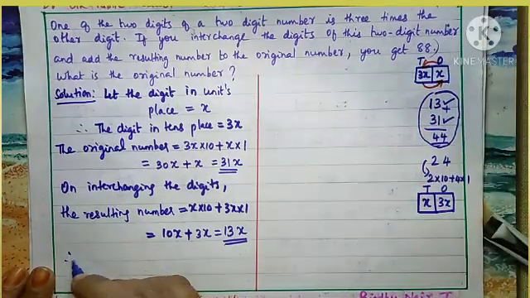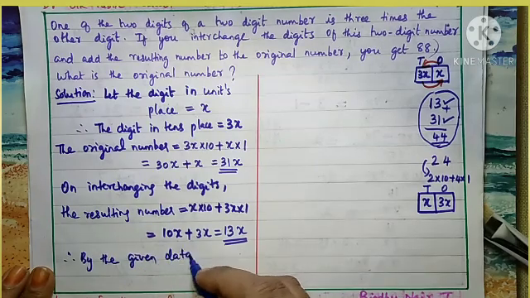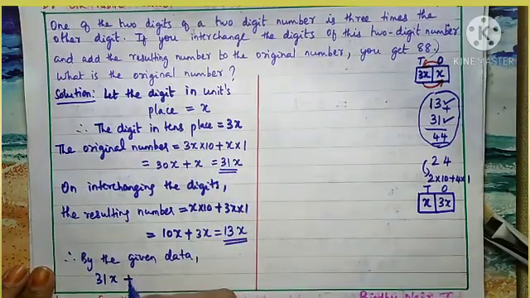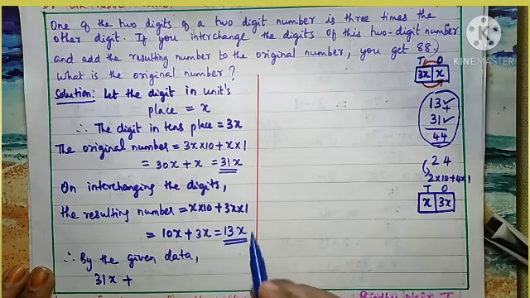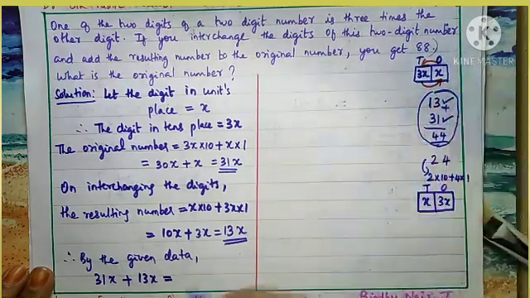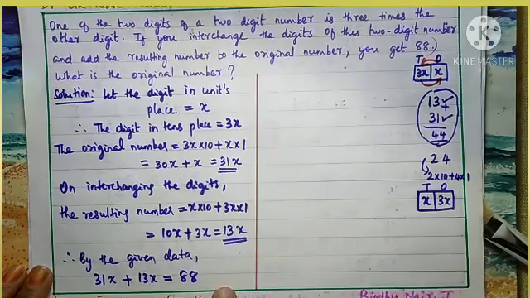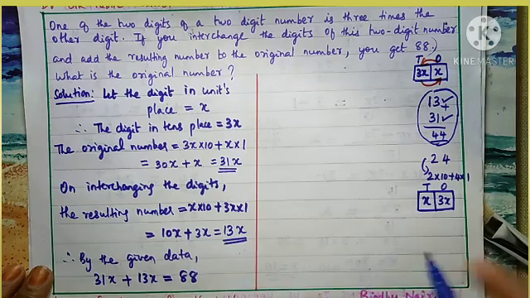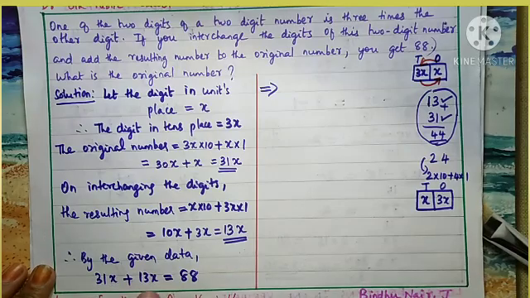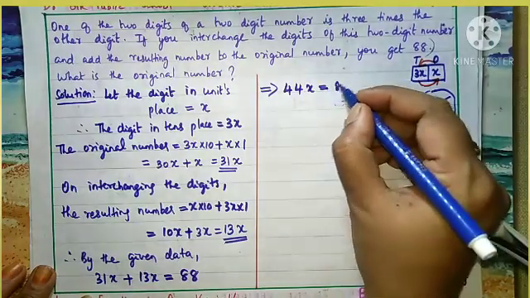So by the given data, 31x plus 13x equals 88. Okay children? So now add the x terms. What is 31 plus 13? Yes, 44. So 44x equals 88.